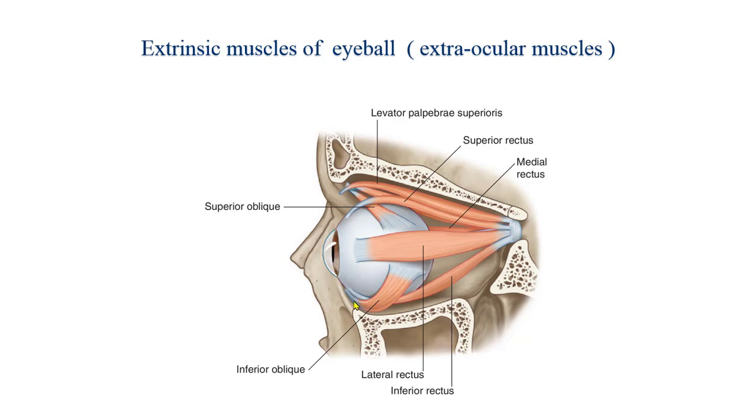The levator palpebrae superioris originates on the inferior surface of the lesser wing of the sphenoid bone and inserts into the upper eyelid. As the name suggests and previously described, this is the muscle responsible for lifting the upper eyelid. So the contraction of this muscle elevates your eyelids.